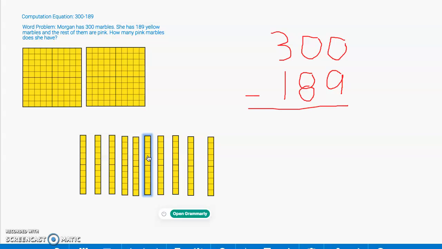Now that we have 10 tens, we can see that we no longer have 300, but now we have 200 and 10 tens. So let's go over here and see, we can show here that we have 2 hundreds and 10 tens.